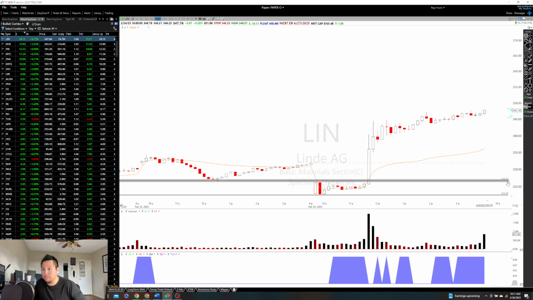So 326.72 and 322.63. Then you just let it form on its own. Here's a battle going on between the buyers and sellers. It starts moving above the VWAP, and before you know it, it broke out of your opening range. So there's the opening range breakout.